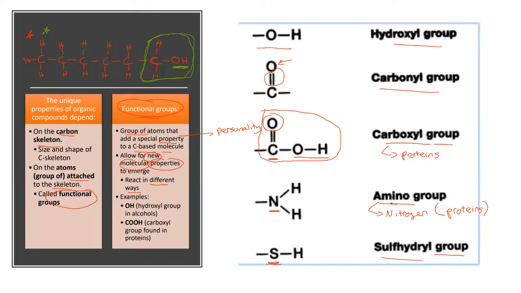For example, it can make a molecule a little more hydrophilic. That is the kind of new property that these functional groups will give to a molecule with a backbone of carbon atoms.